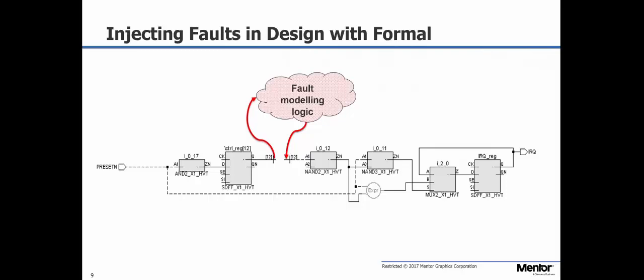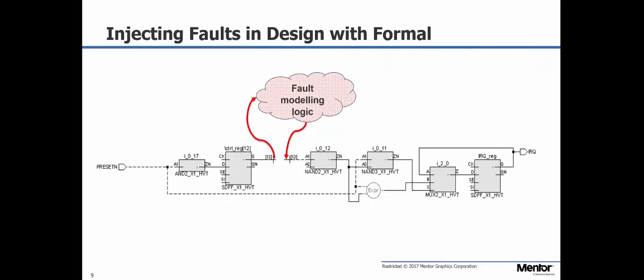Here are some examples for different fault models. For example, for stuck-at, you can cut the net and add constraints to force 0 or 1, depending on whether it is stuck at 0 or stuck at 1.